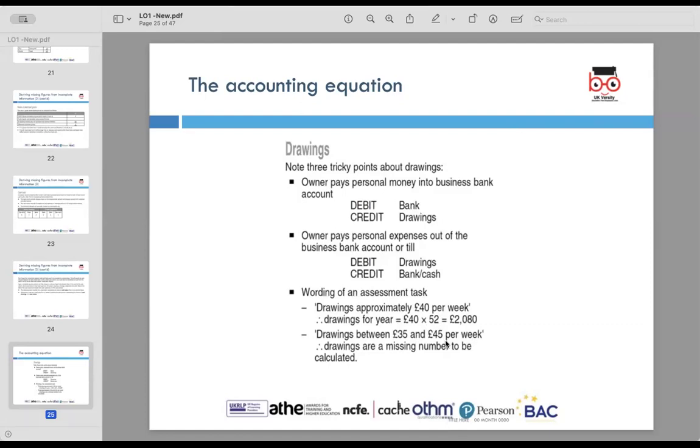The specific figures need to be calculated based on available information. Understanding the implications of drawings and their impact on the accounting equation helps maintain accurate records and financial reporting integrity.